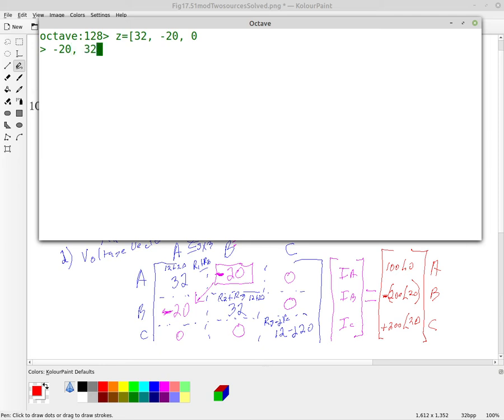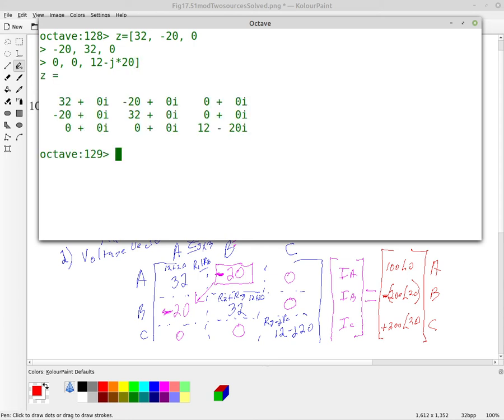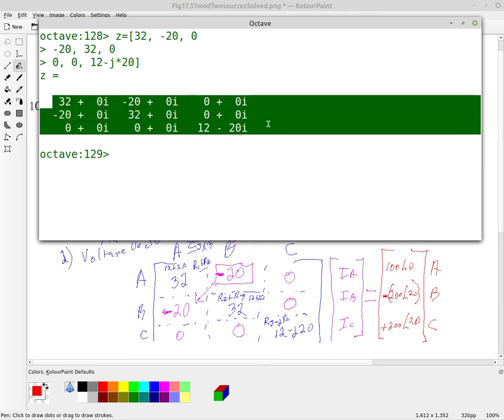But we're going to have 20, minus 32 and 0, which is going to be the middle row, the B row. And the C row is going to be 0, comma, 0, comma, and then a 12 minus j times, don't forget the times there, times 20. And so this now is my impedance matrix.